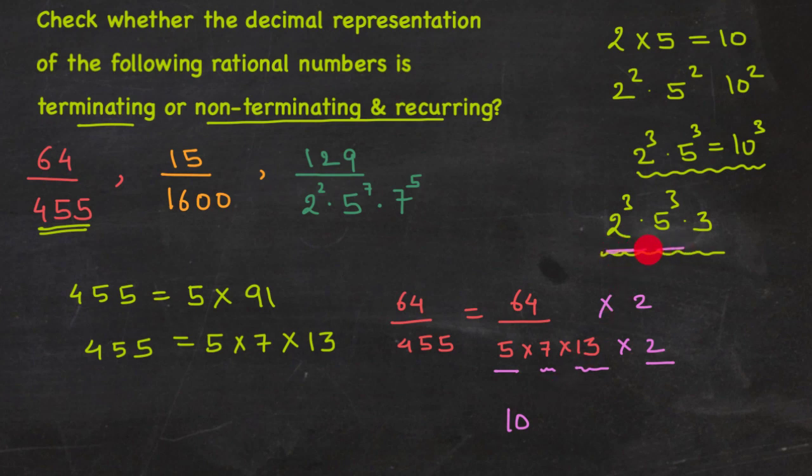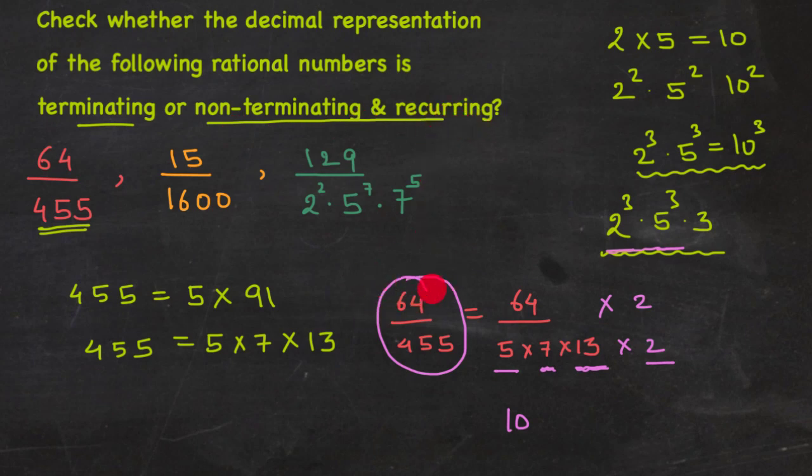I have to take a combination of 2 and 5 to get a 10. But since we have 7 and 13, I can never get a power of 10 in the denominator, which means 64 upon 455 will not have a terminating decimal representation, but rather have a non-terminating and recurring decimal representation.